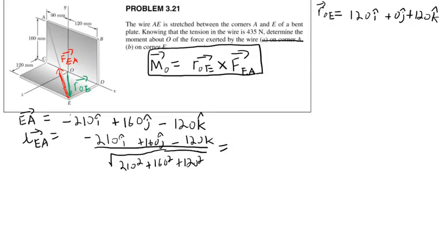And I'm getting a unit vector of negative 0.724i plus 0.552j minus 0.414k.